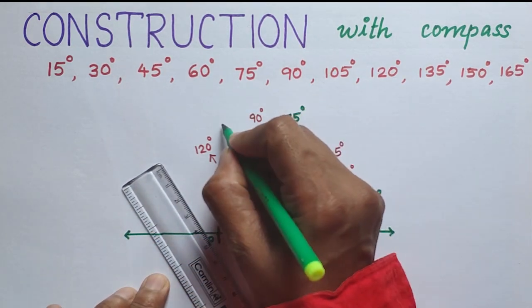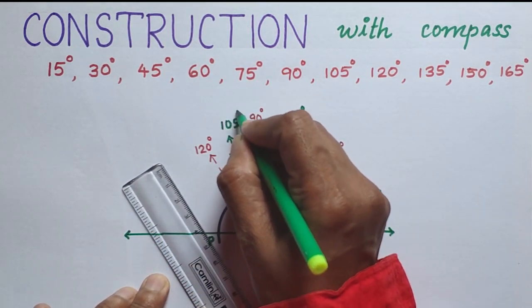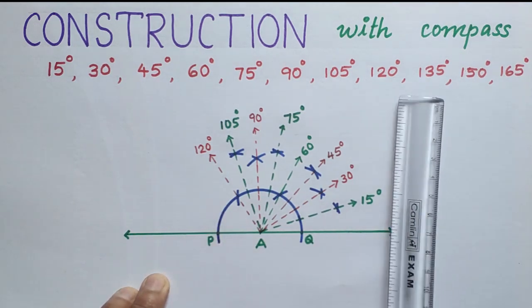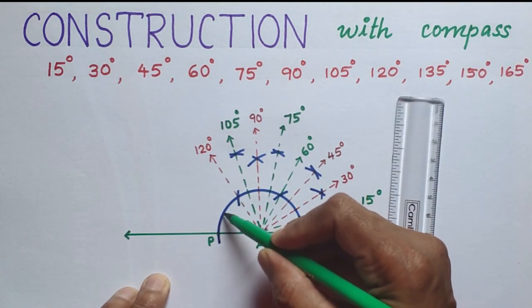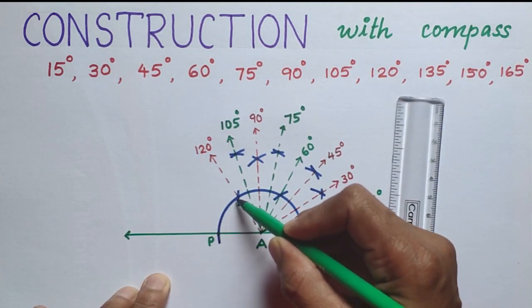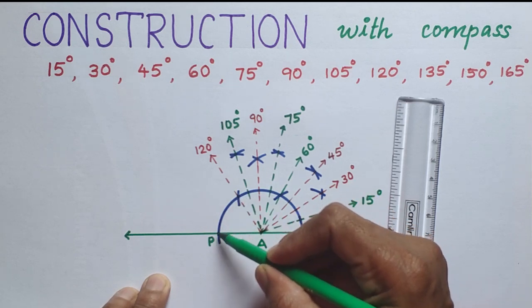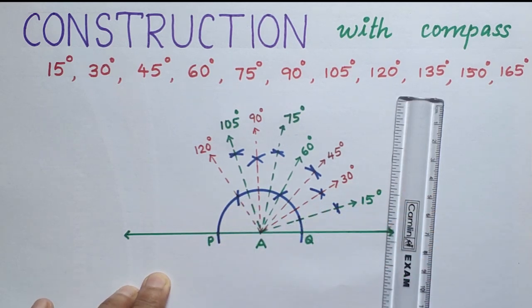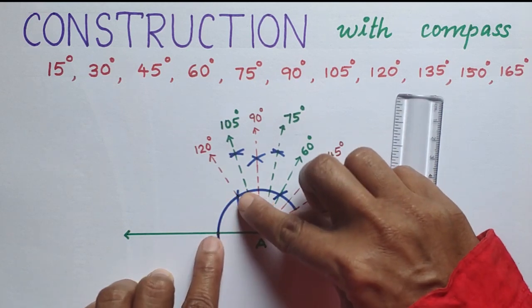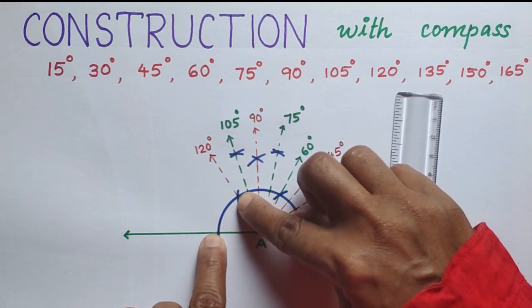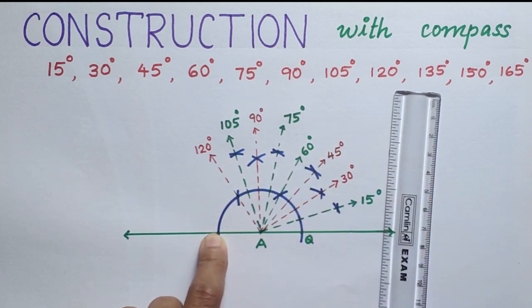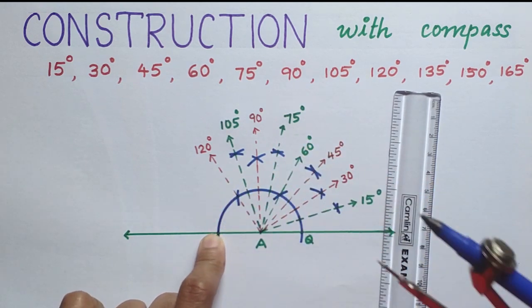This is 105 degree. Then the last part, this part, that means this is in between 120 and 180. After bisecting, we will get 150, because this angle is also 60 degree. Half of 60 is 30. 120 plus 30 is 150.